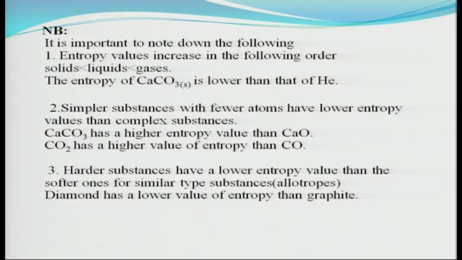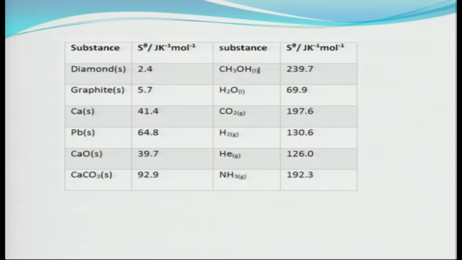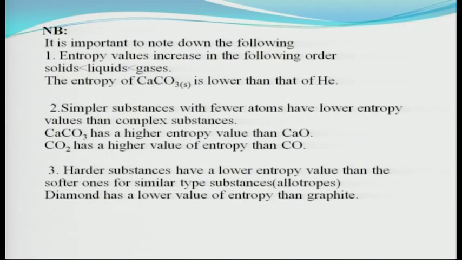Carbon dioxide, despite having more atoms, will have a higher entropy value than carbon monoxide. In our table, calcium carbonate is 92.9 and calcium oxide 39.7. Harder substances also have lower entropy values than softer ones.